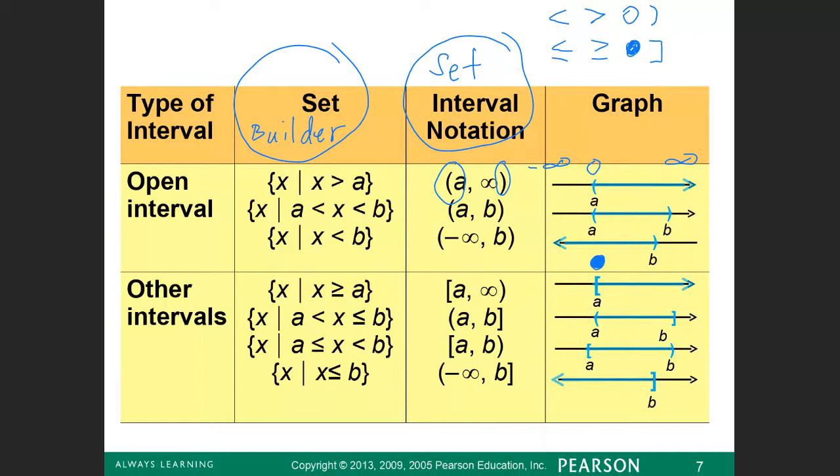If I'm going to mark that, you can see from the symbol we're using greater than or equal to here. That's why we're using this shaded circle and the square bracket.